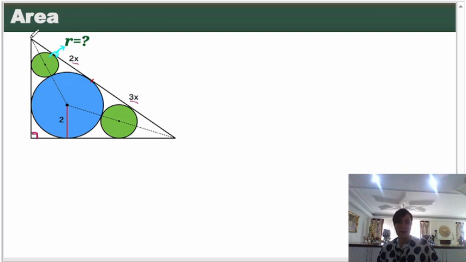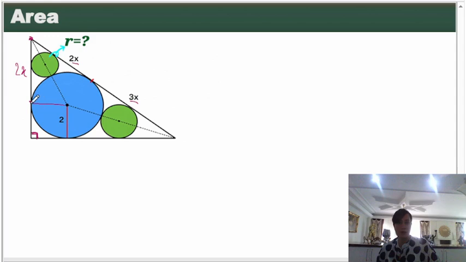So this tangent from the external point, which is here, and the tangent to the blue circle would be the same in length. So that means if this length is 2x, this length is 2x as well.